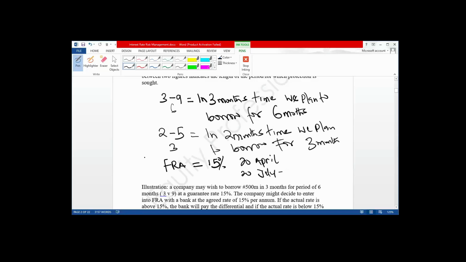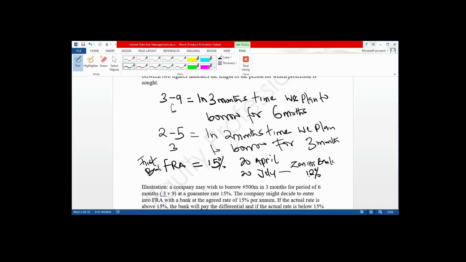On getting to Zenith Bank on 20th July, Zenith said, we can give you this loan at 12%.